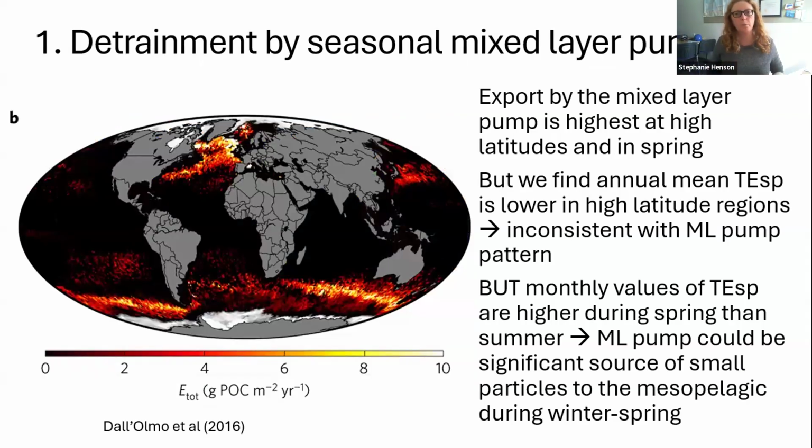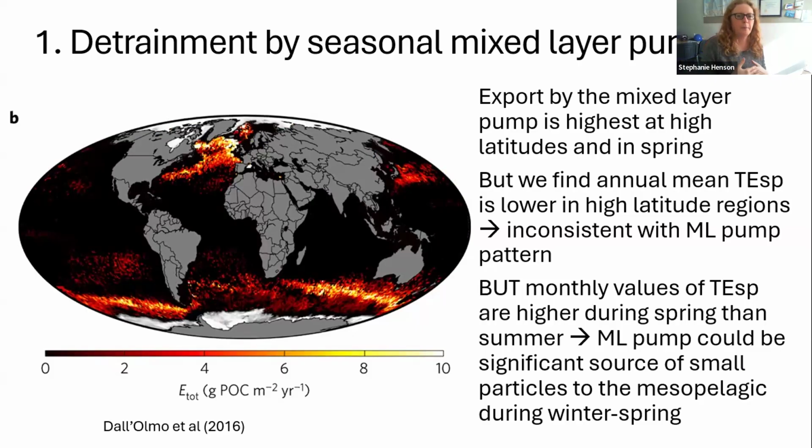where he found that export by the mixed layer pump is highest at the high latitudes and in spring because the seasonal changes in the mixed layer depth are much, much higher in those regions and time periods than other places. But we find in our analysis that the annual mean TESP is lower in high latitude regions.